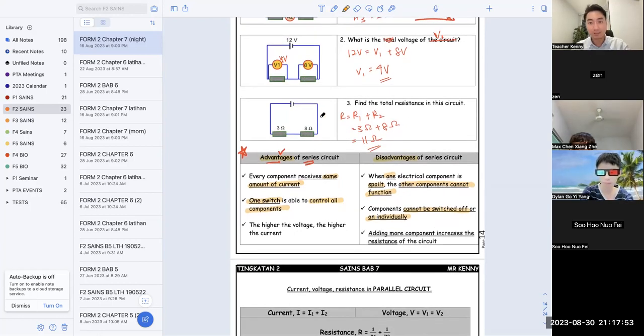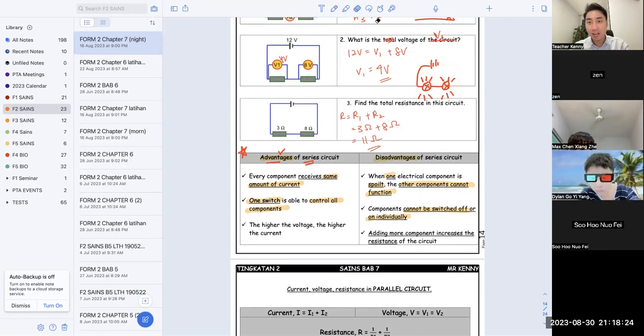Okay. Next thing. If you notice the resistance over here, okay, when I add more light bulb, my resistance will increase. Just to let you know, let's say, I have one light bulb over here, one light bulb, okay? When I connect them, this one shine for, let's say the brightness is six lines, okay?